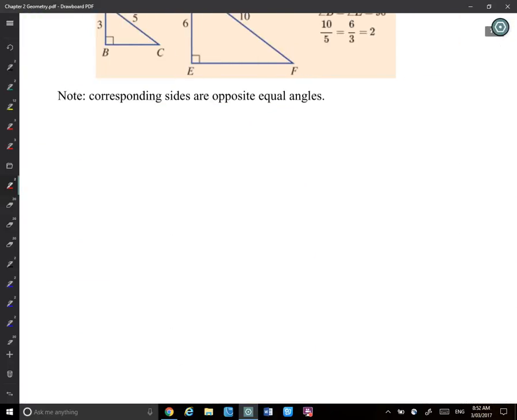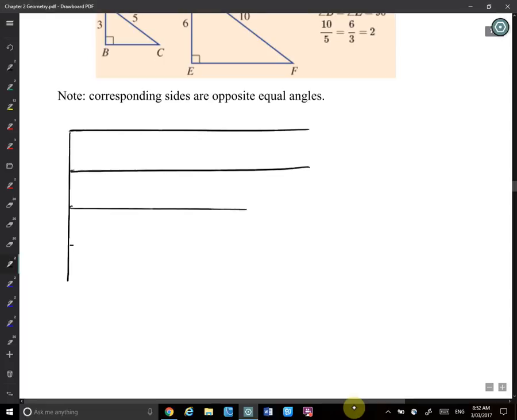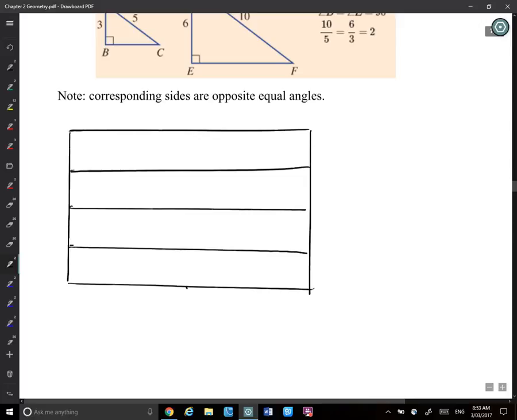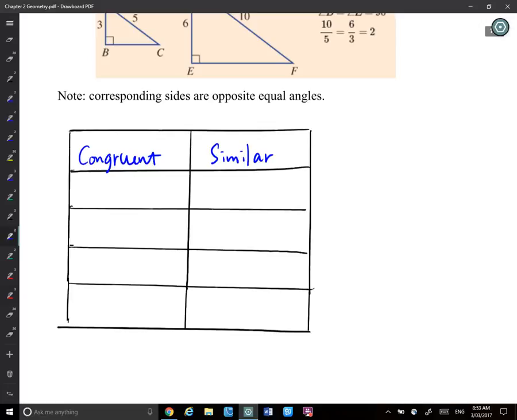Let's make a box here, with the left-hand side being congruent and the right-hand side being similar. Let's revise what makes triangles congruent.